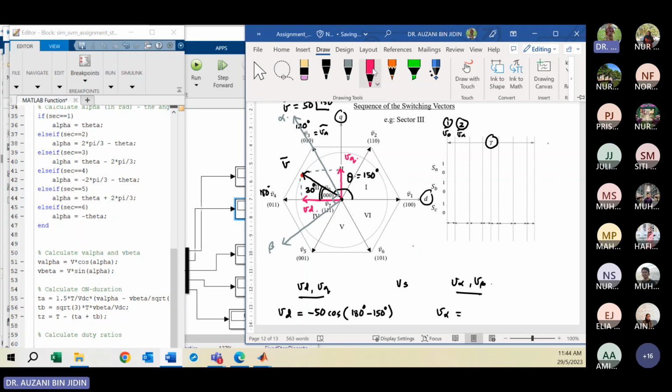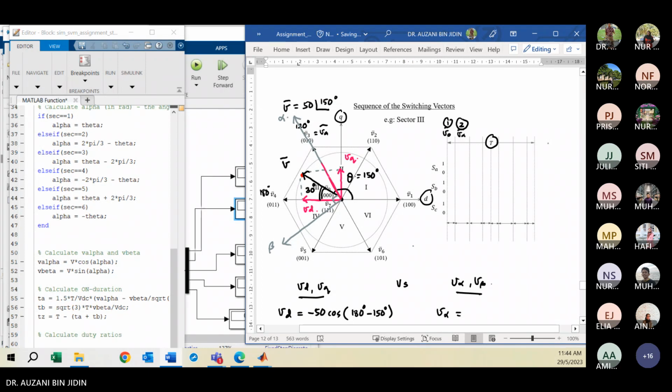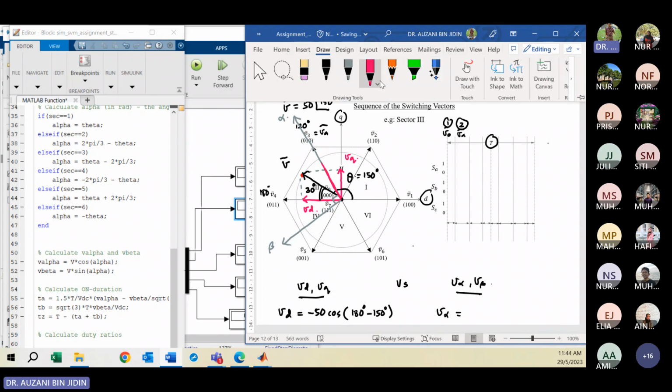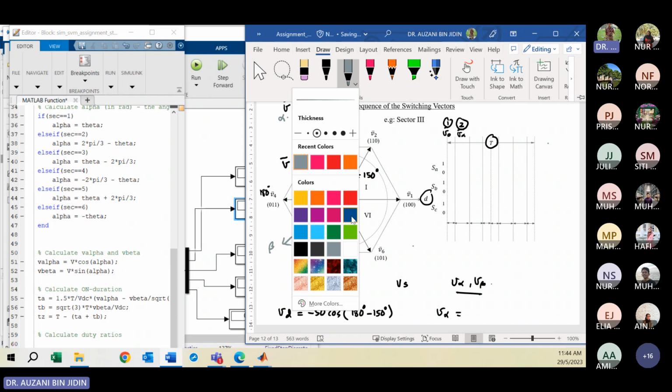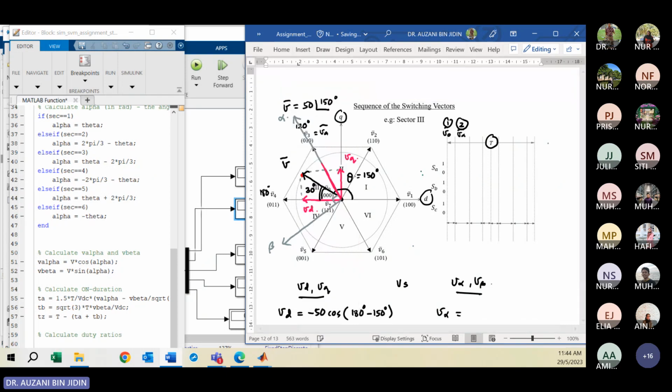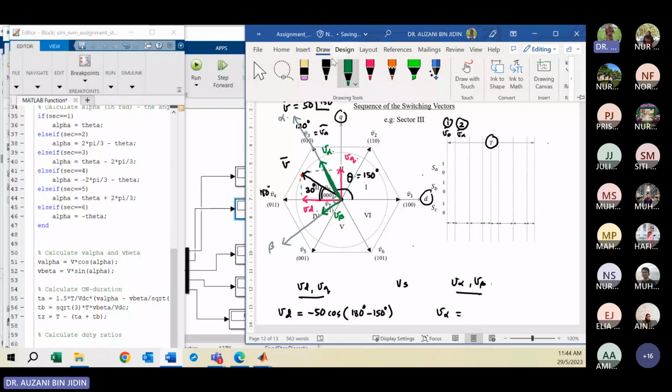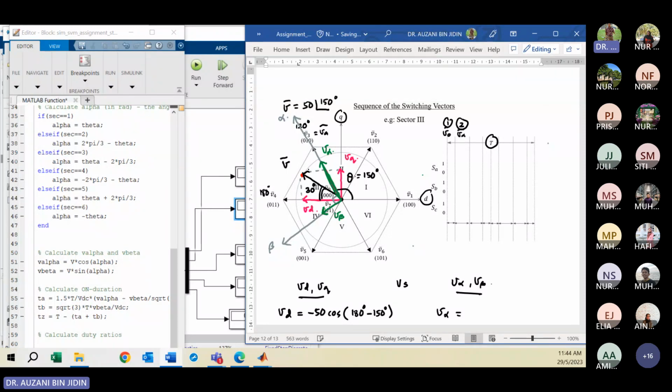Your V alpha will be here, right? Maybe I use a different color, the green color. So this is your V alpha and V beta. This one, right? Okay, maybe you can draw the projection line here.